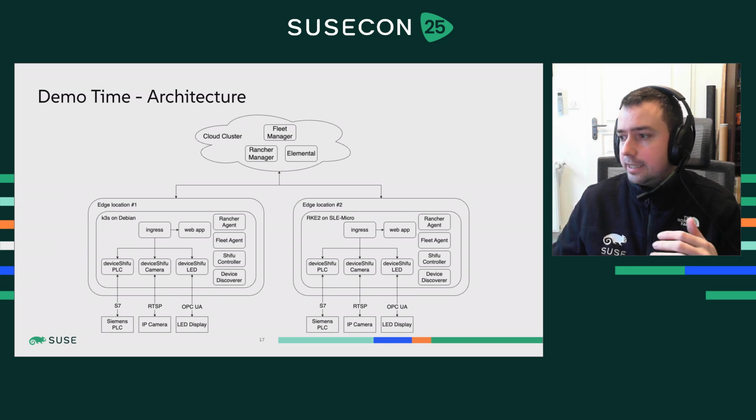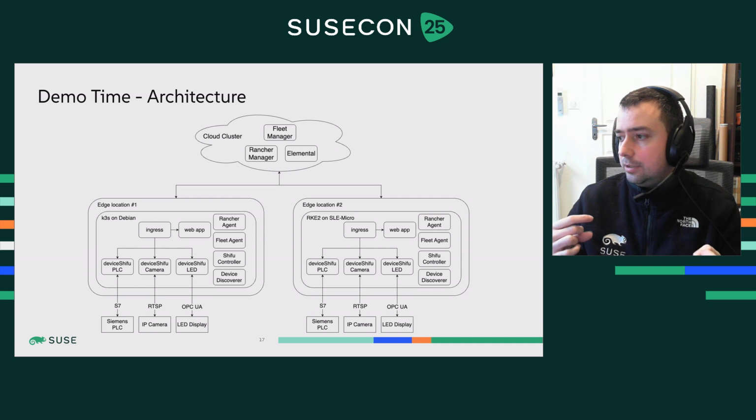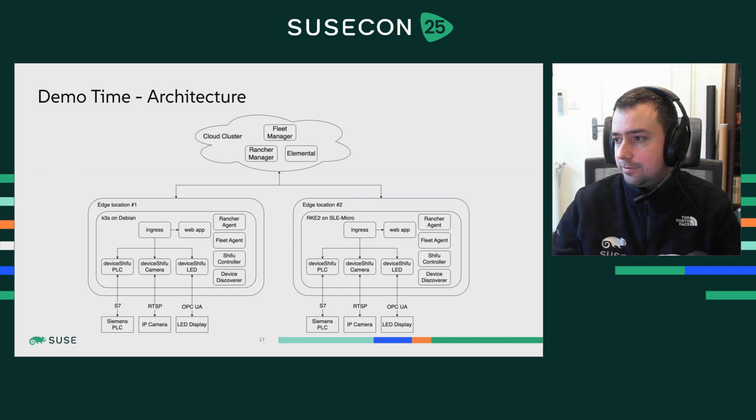On each location, you have an ingress controller that will serve the web app and all the device Shifu endpoints, and we have several devices, and we have obviously the rancher agent, the fleet agent, and Shifu, the device discoverer, and so on. So those will do all the heavy lifting for getting things working.